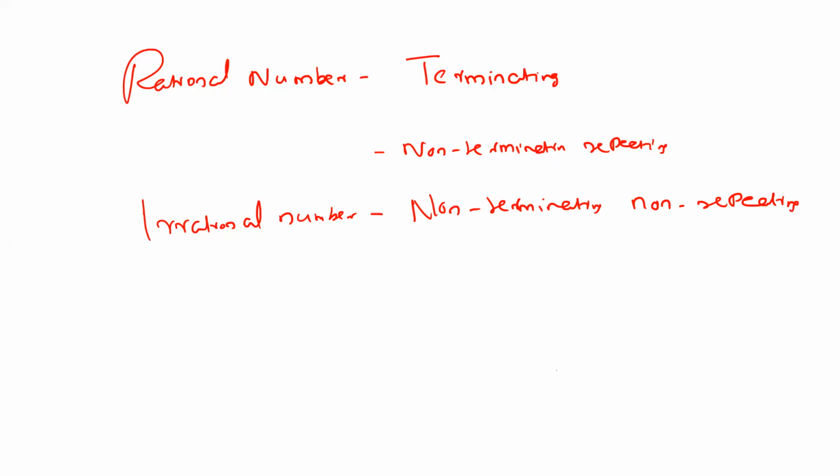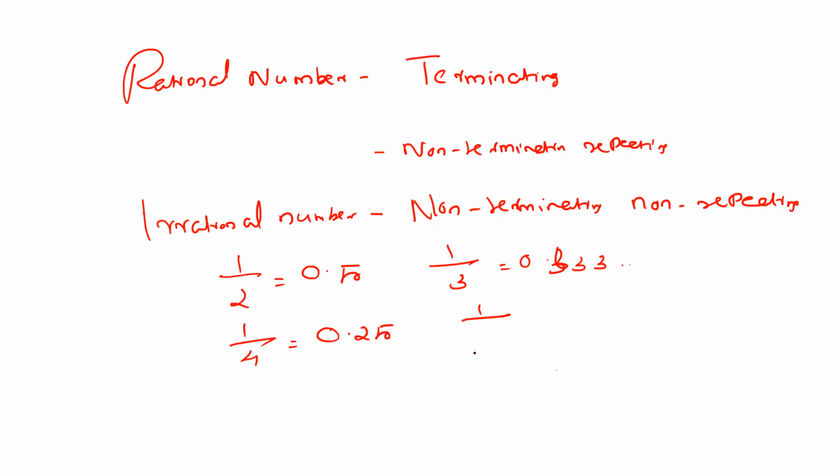And another thing: we already said 1/2 is 0.5, 1/3 is 0.3333 etc., 1/4 is 0.25, and 1/6 is 0.1666 etc. So if a fraction is given, without actual division, you can find out whether it is terminating or non-terminating. The denominator 2 gives 0.5, terminating. 4 is 2 into 2, terminating.